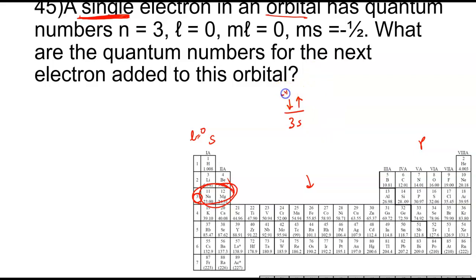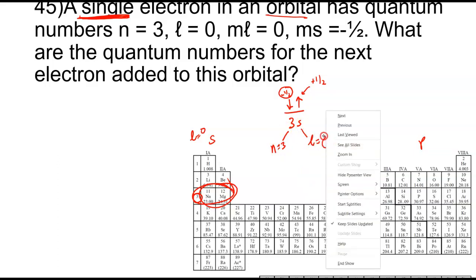So if this one is negative 1/2, we call this spin down, negative 1/2. This one is spin up, plus 1/2. So this means we could have 2 electrons in this orbital. So that's n equals 3, L equals 0.